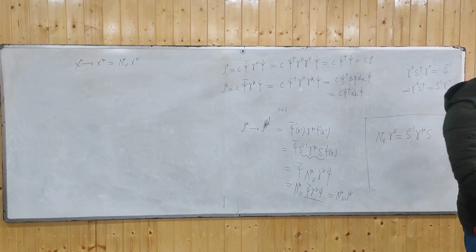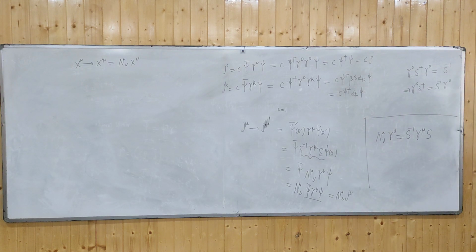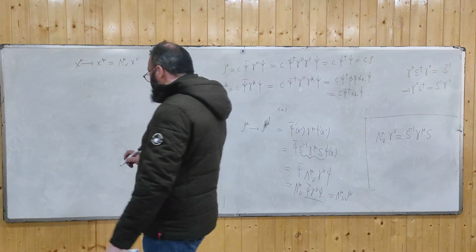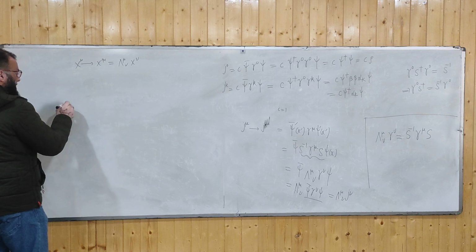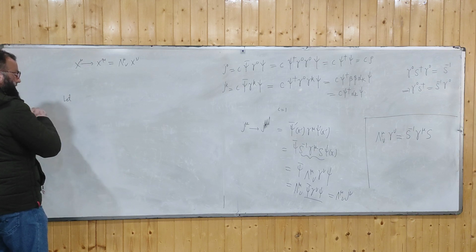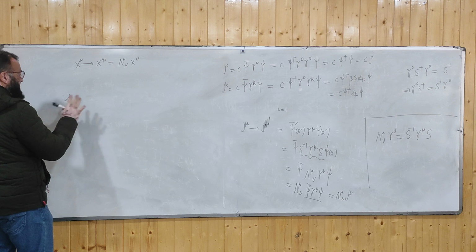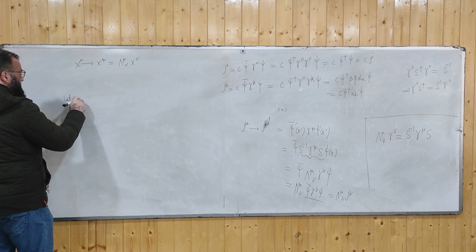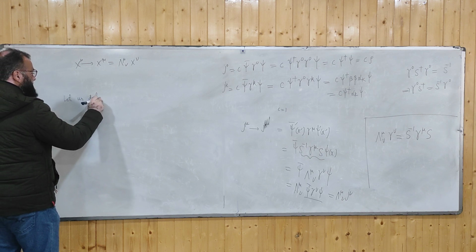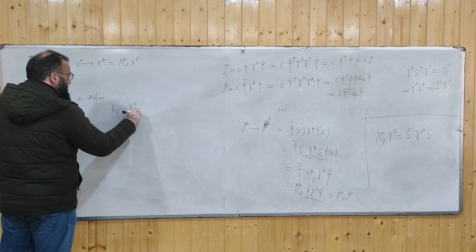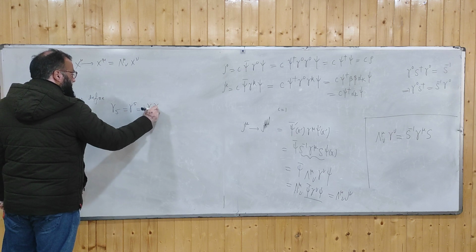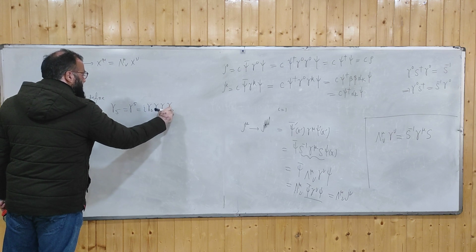So let's do it in a general fashion. Now let me introduce another kind of matrix. Its importance will come later in the course. Let's define gamma phi, in terms of I, gamma 0, gamma 1, gamma 2, gamma 3.